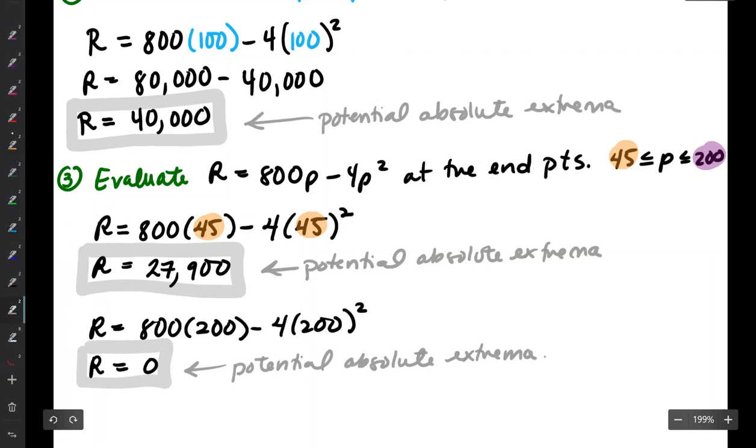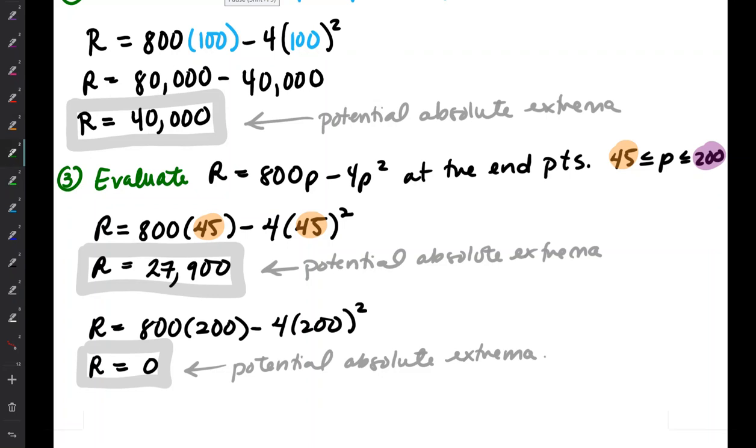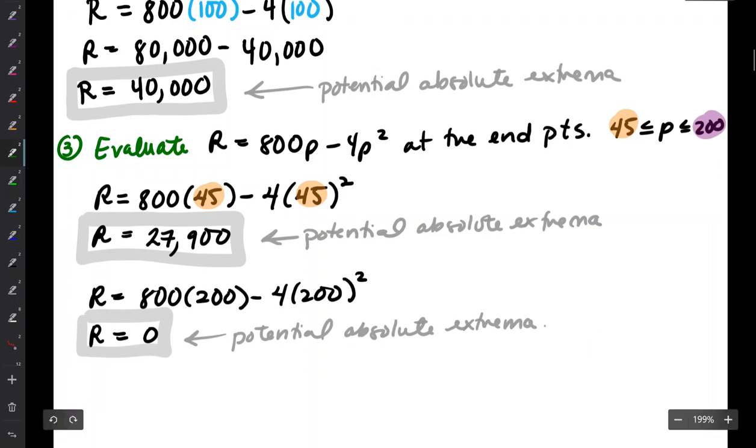And step 4 is to compare those potential absolute extremas, those potential absolute revenue values. Compare. That's RE. Your teacher can't spell. I don't know.